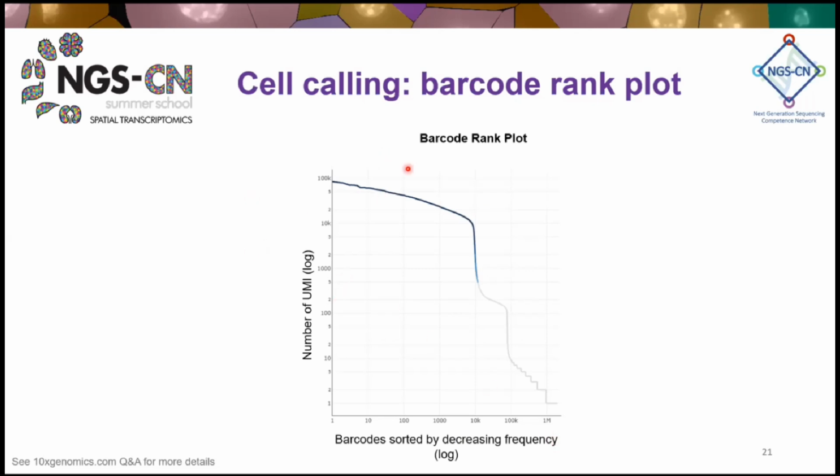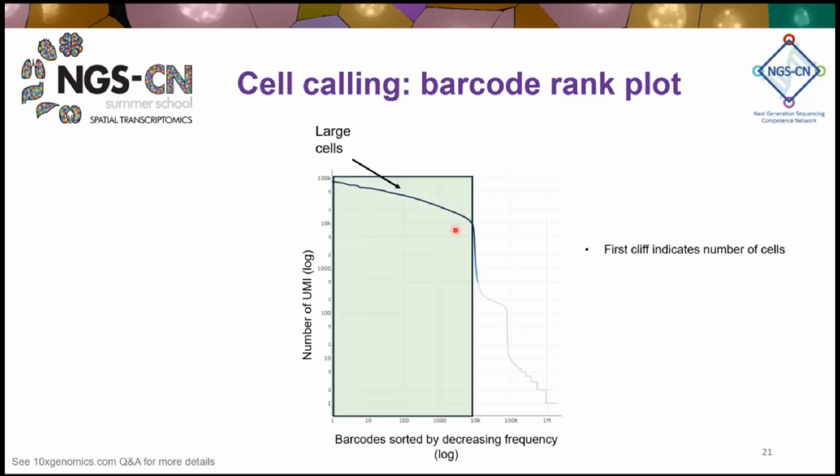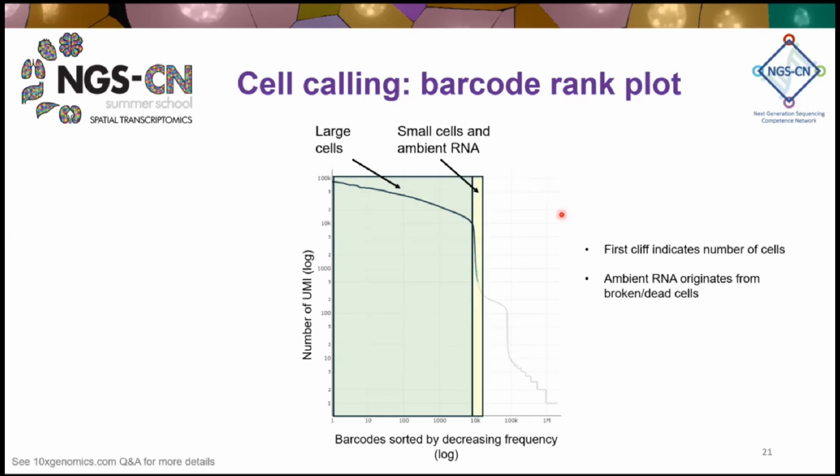And we have a graph, and we can divide this graph into multiple parts. The first part is the part with the large cells, shown here, and there's a plateau which typically indicates the number of cells. The second part contains small cells and ambient RNA. This is this plateau itself, and we don't know whether it is small cells or free-floating RNA.